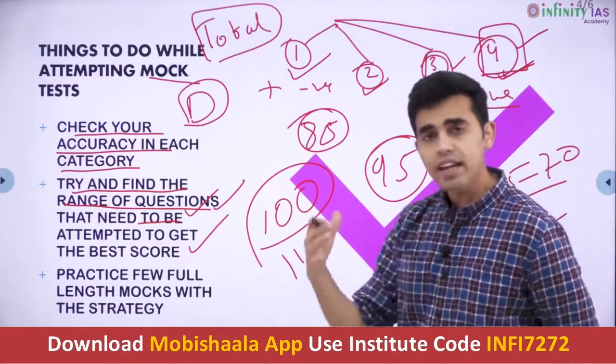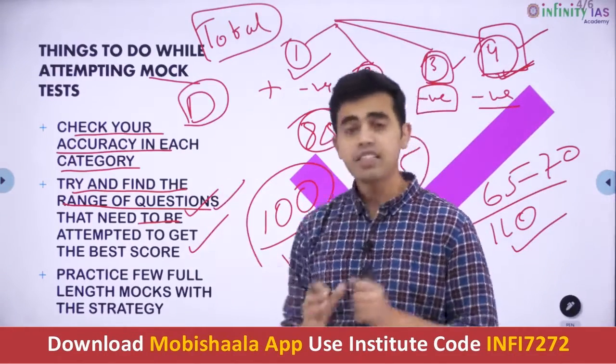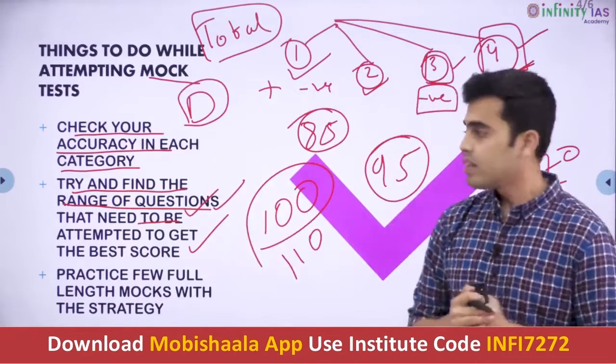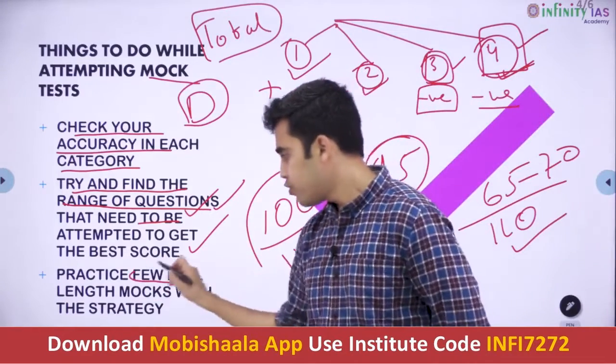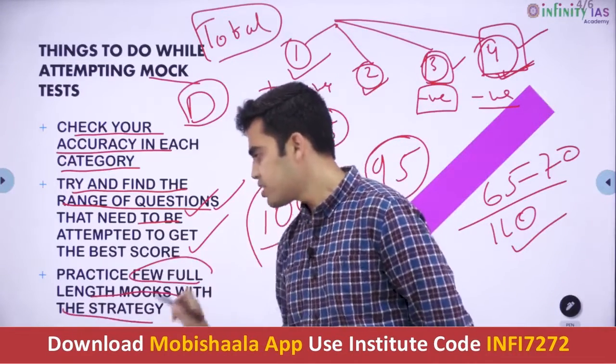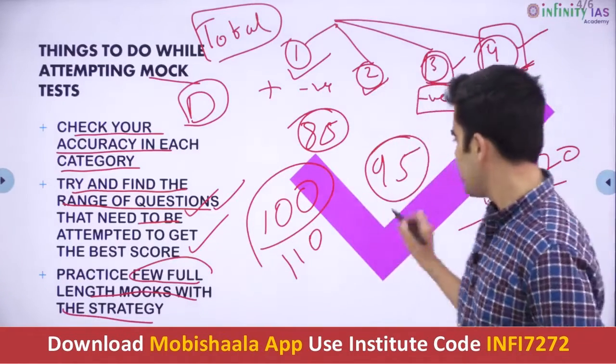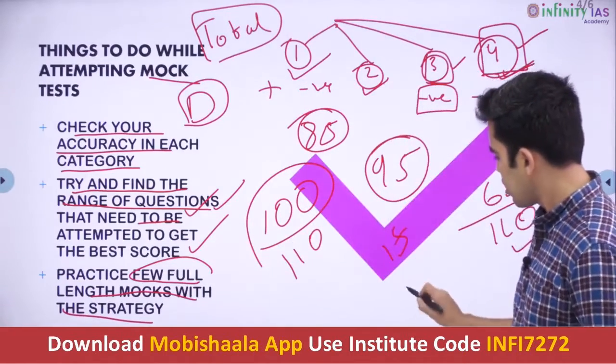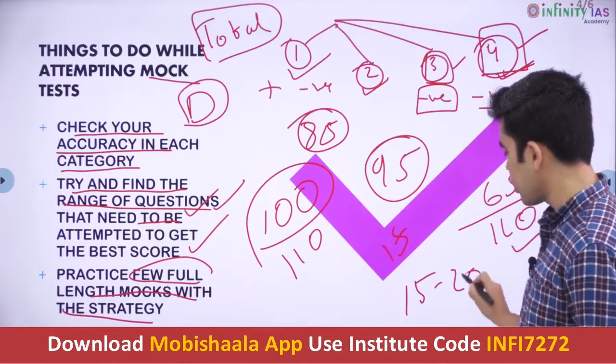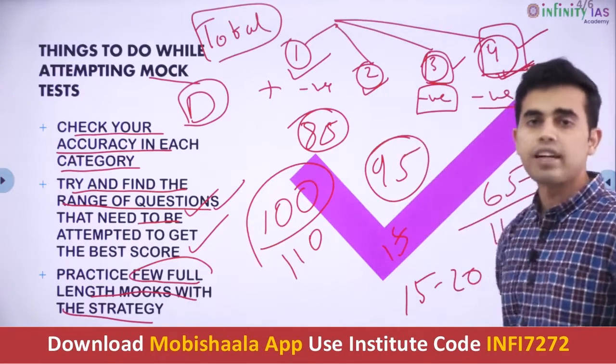After you derive this strategy for your mock tests, then practice a few full-length mocks with this strategy. I would advise doing at least 15 to 20 mock tests to devise this strategy.